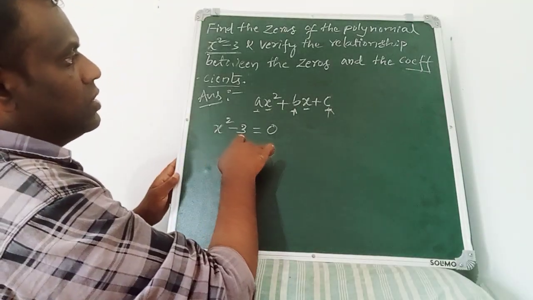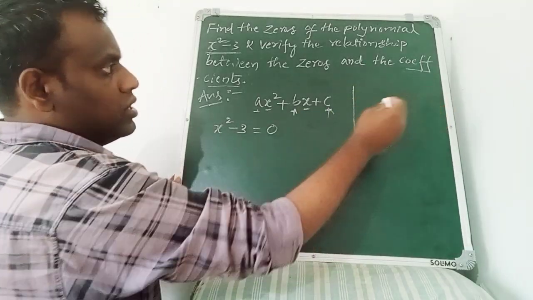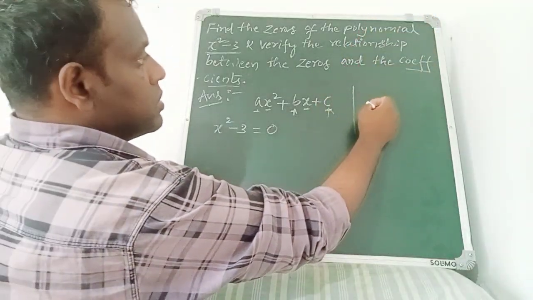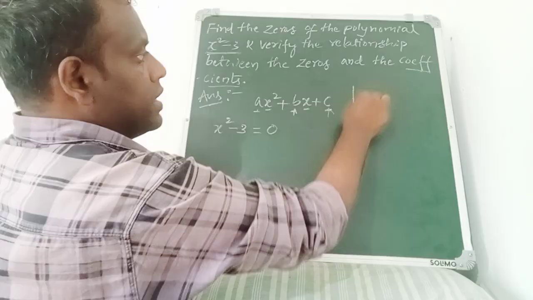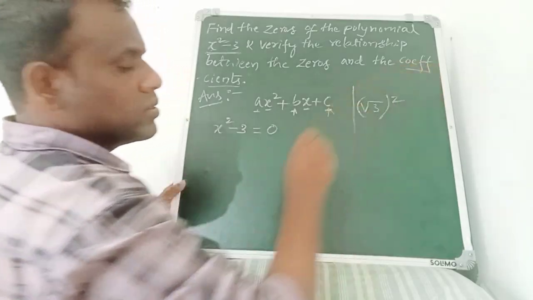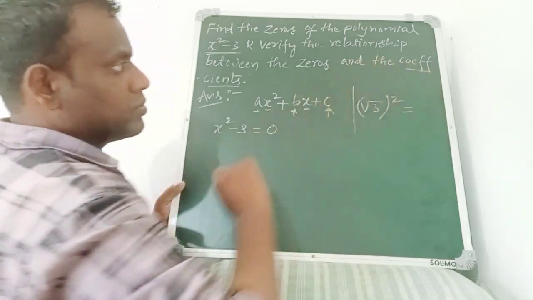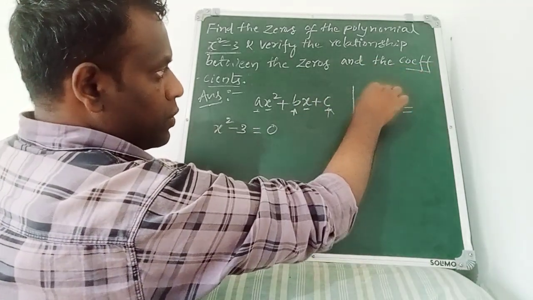Now see, this 3 can be written using root 3. First, I will take root 3 and take its square. Root 3 whole square is equal to what? See, the square and square root cancel.